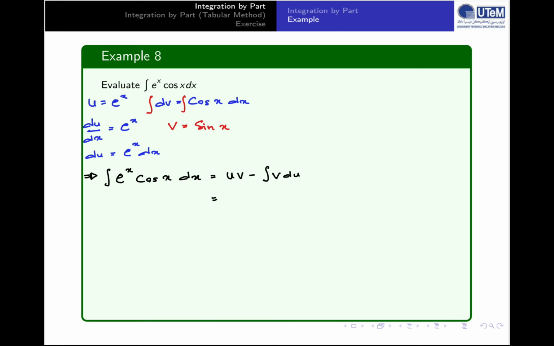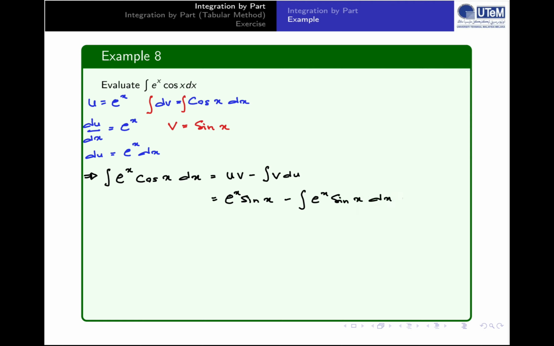So what is your uv? u equals e^x, v equals sin x, minus the integration of v du. Your v equals sin x, du equals e^x dx, so e^x sin x dx.